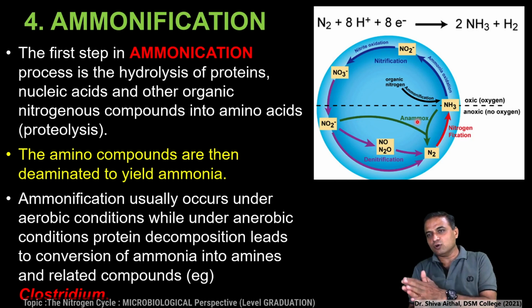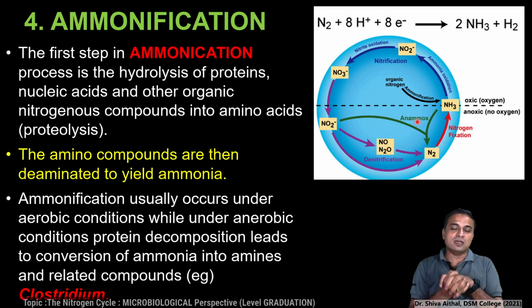So there is an aerobic one, there is an anaerobic one. The anaerobic system is called anaerobic ammonia oxidation, or ANAMMOX. That is one process utilized in sludge and sewage treatment, and it has found great significance in the treatment of sewage. But from a global perspective, in the natural biogeochemical cycle, ammonification occurs in aerobic and anaerobic conditions. This is the step where ammonia is formed.